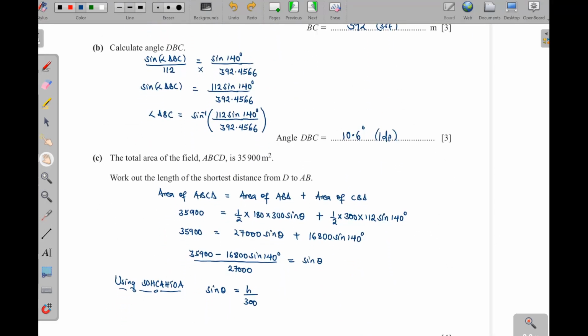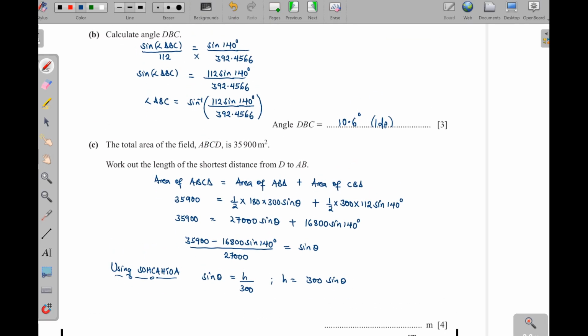So that means h is going to be equal to 300 times sine of theta. From there, this means that we shall have 300 times, you bring this whole thing here that we have gotten and put it inside here. Then we press everything on the calculator, and we get our answer to 3 significant figures, not so? So what do we get here?